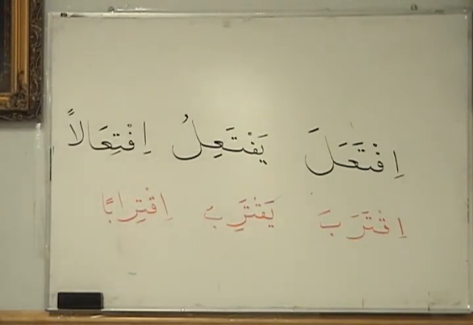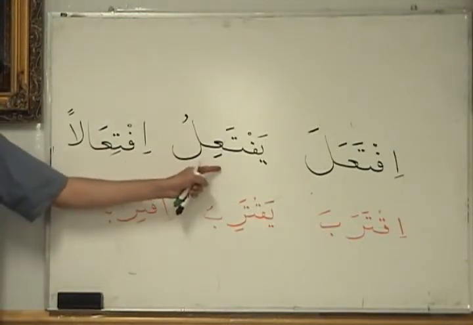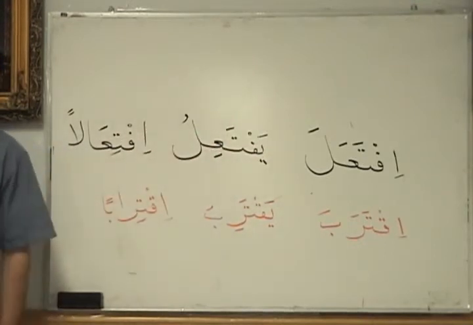And all of these are regular. It's one form. So anytime you make this form, you have no worries. You just make this one form. The masdar will be exactly like this. Mudari will be exactly like this. Madi will be exactly like that.